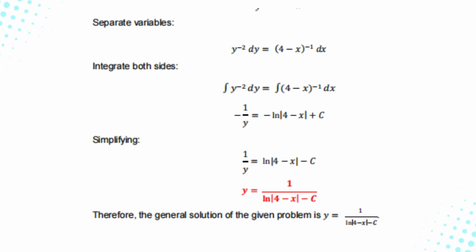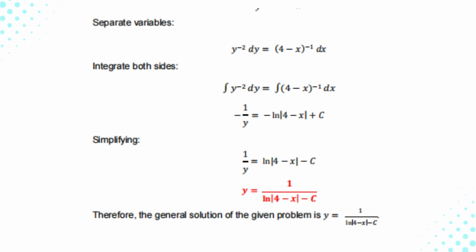Integral of y to the negative 2 is negative y to the negative 1, or negative 1 over y. Integral of 1 over 4 minus x is negative natural log of the absolute value of 4 minus x.